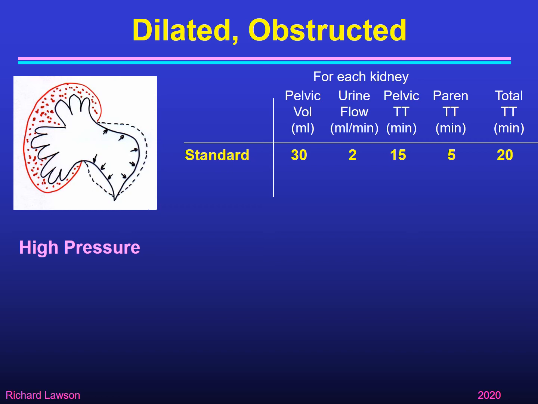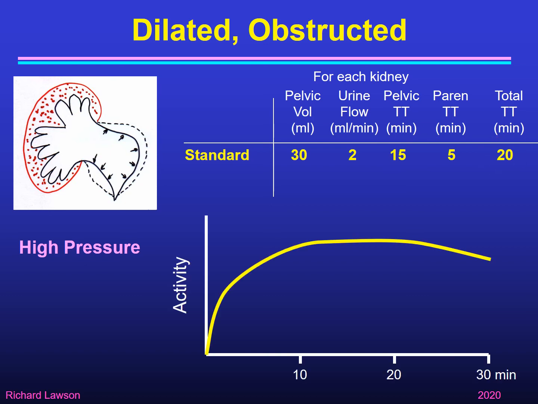Now the parenchymal transit time was normally 2 minutes, but if this is a high pressure system, then you might expect that if that high pressure backs up into the tubules, it will force more water out of the tubules, and therefore you will have a slower flow through the tubules and a longer transit time. So let's suppose that's 5 minutes instead of the normal 2 minutes. So the total transit time is 15 plus 5, which is 20 minutes for the total transit time.